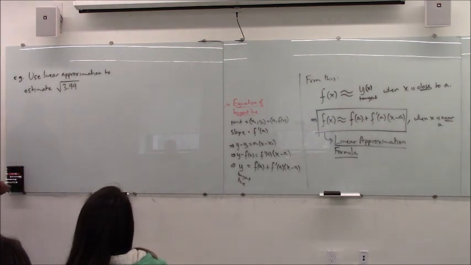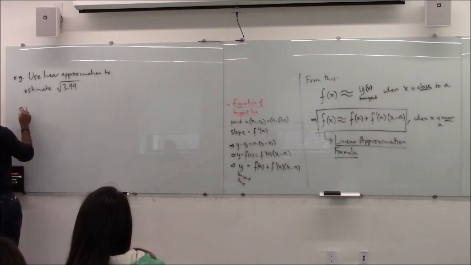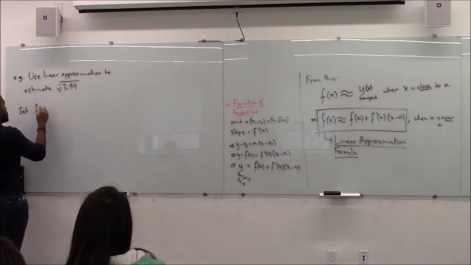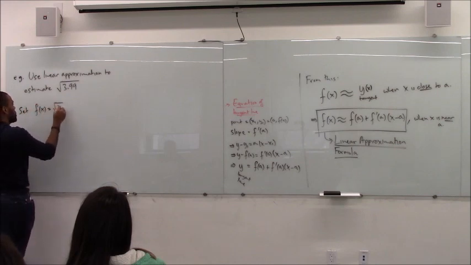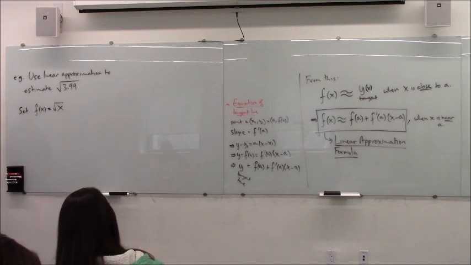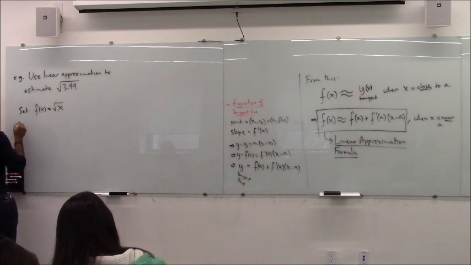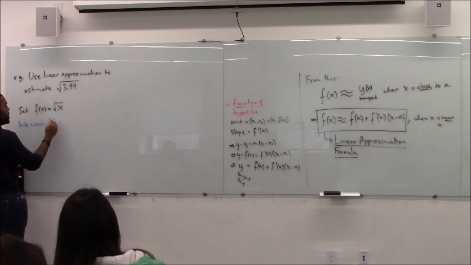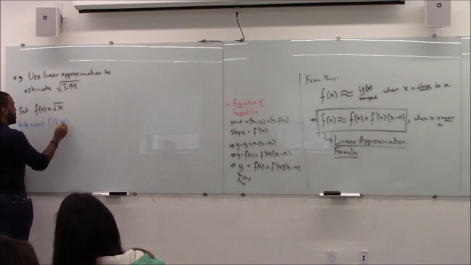I want to approximate the square root of 3.99, so the square root function is probably the function I want to concern myself with. So I'm going to set f to be the square root of x, and notice that we want f evaluated at 3.99.